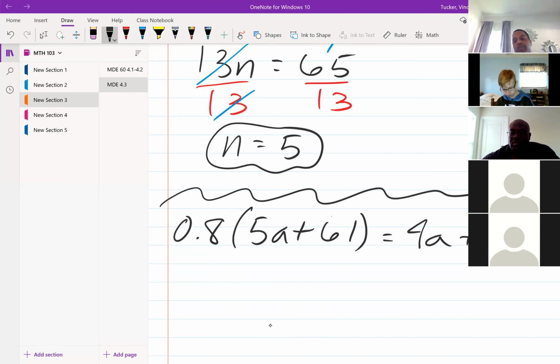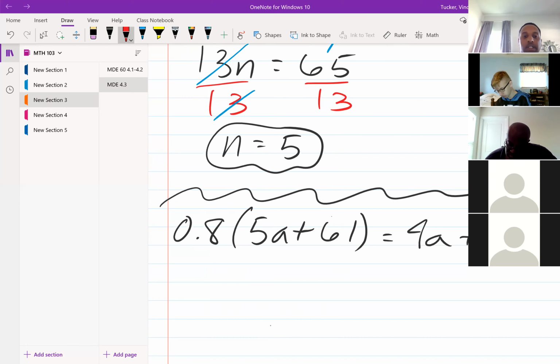If we wanted, we could get rid of the decimals. If not, you can always just work with the decimals as you see them. Doesn't matter. I'm pretty sure most of you are using your calculators.